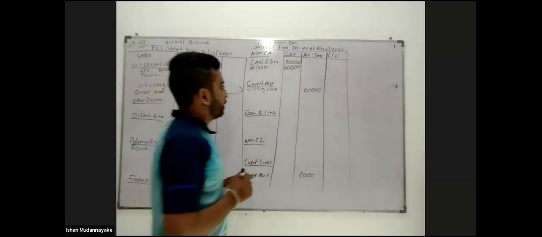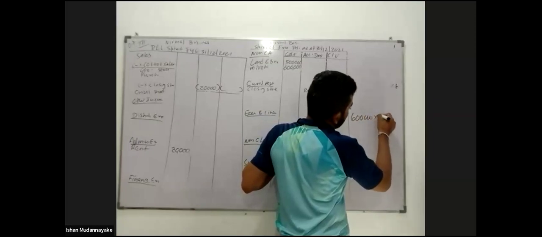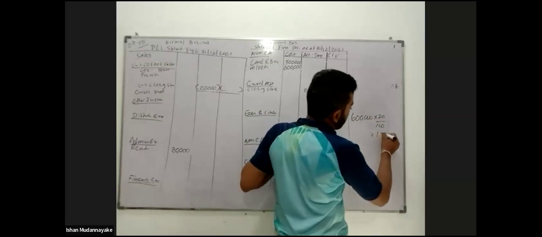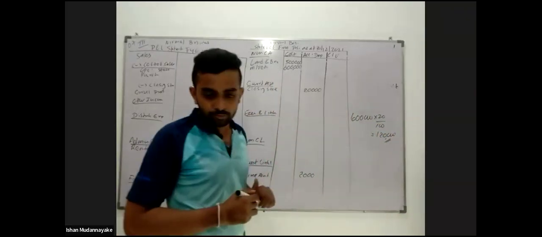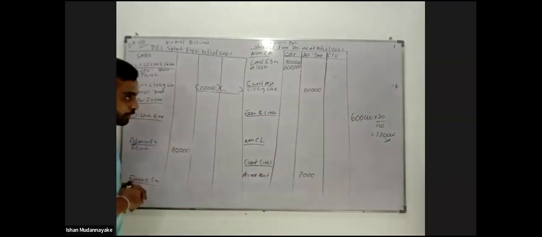Motor vehicle depreciation how much? 600,000 into 20%, that is 120,000. Motor vehicle depreciation 120,000. Then that 120,000 is transferred to distribution expense.